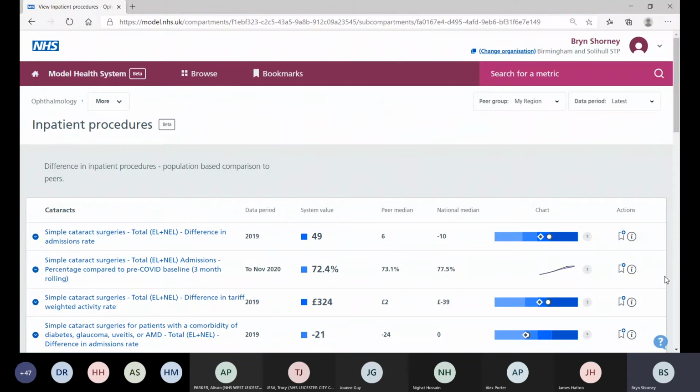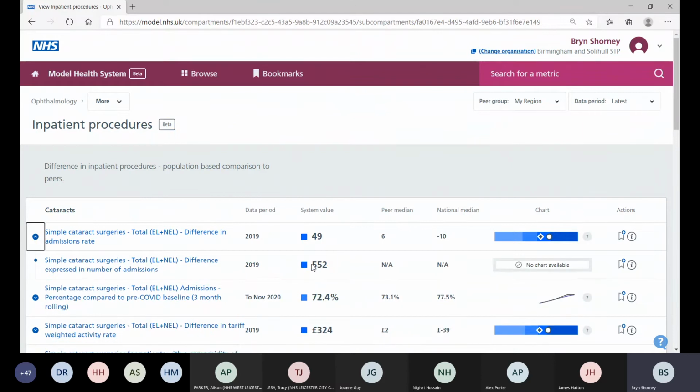I didn't actually clock what it was for Birmingham and Solihull, but they may be doing very well on day case rates, or they might have an opportunity to improve on that, but they could also, alongside that, view the rate of admissions and rate of those procedures. So again, similar here.